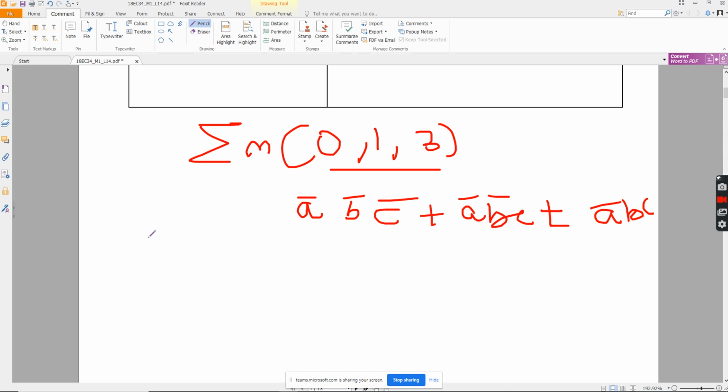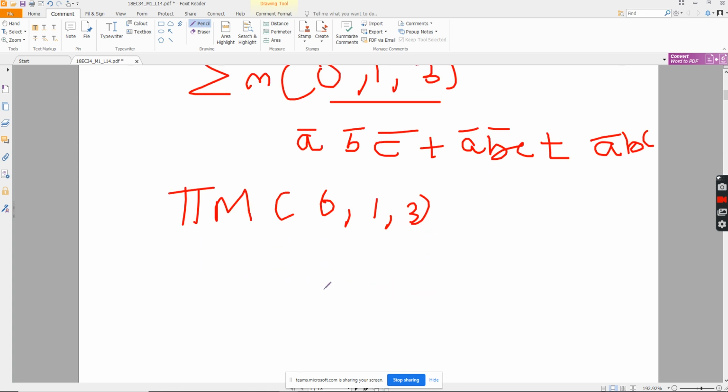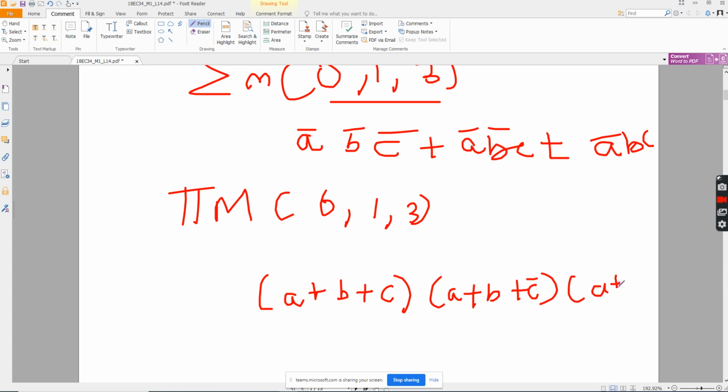Fine. So similarly, if I had a pi M equation, how will I write pi capital M of 0, 1, 3? I'll write it in this fashion: a plus b plus c, into a plus b plus c bar, into a plus b bar plus c bar.